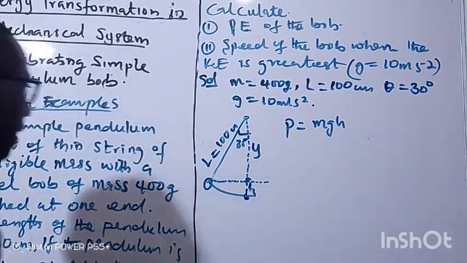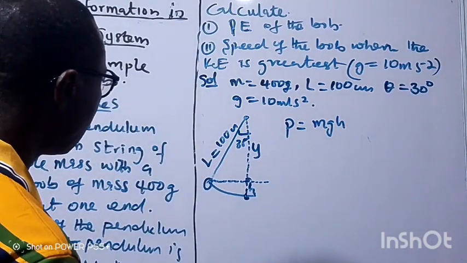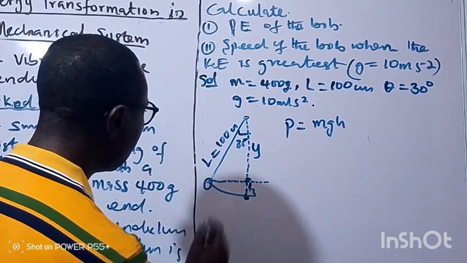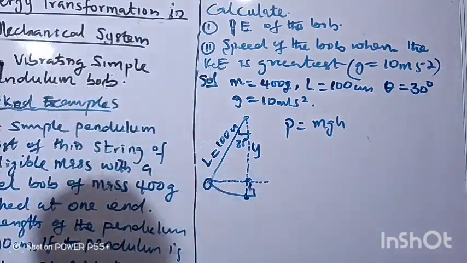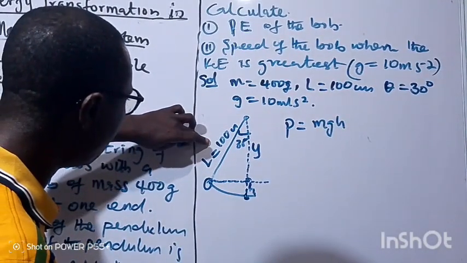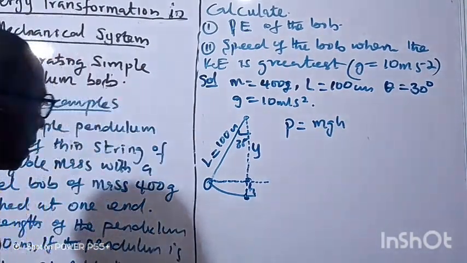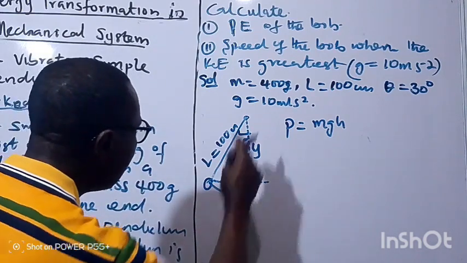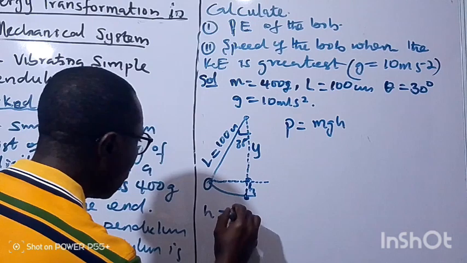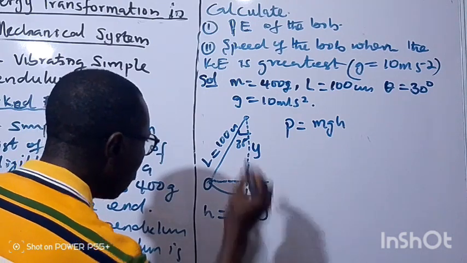And from what we are looking at on the board, this is our L, the length of the pendulum, and from here to here our h will be equal to L minus y.